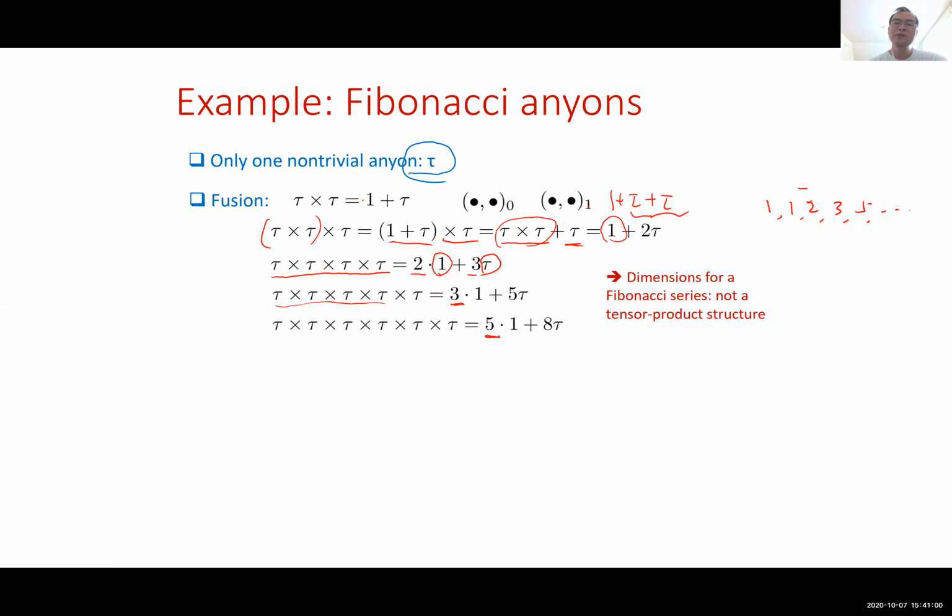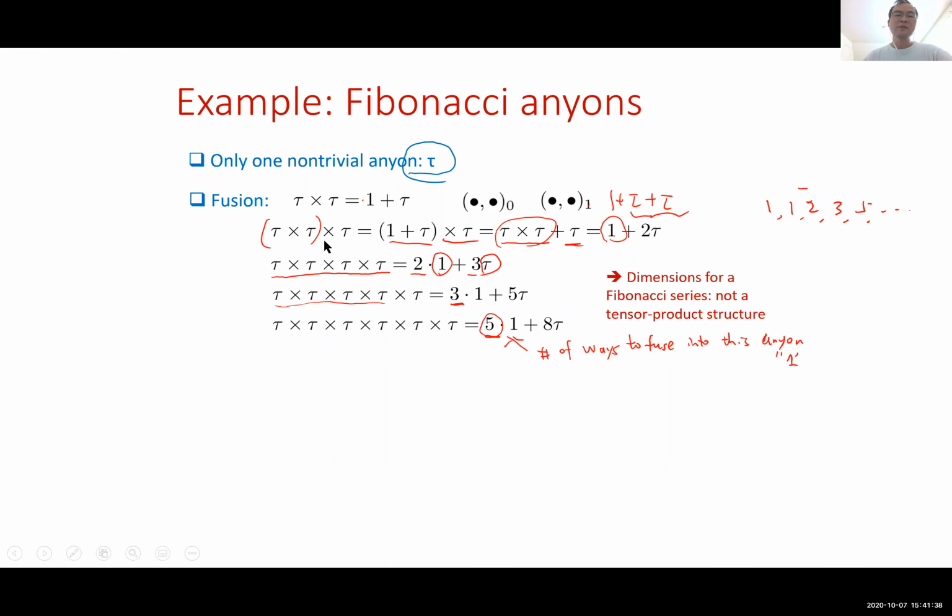And this coefficient represents the number of ways to fuse to this product anyon. In this case, it's a vacuum. There are 5 different ways. If you have 6 Fibonacci anyons, if you have 4, you have 2 ways to fuse to vacuum. Okay.